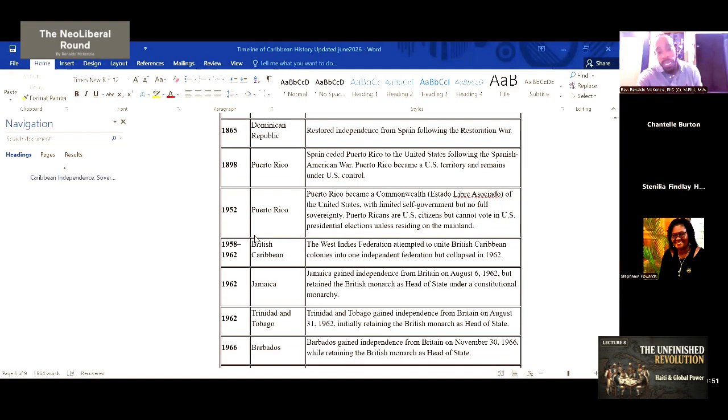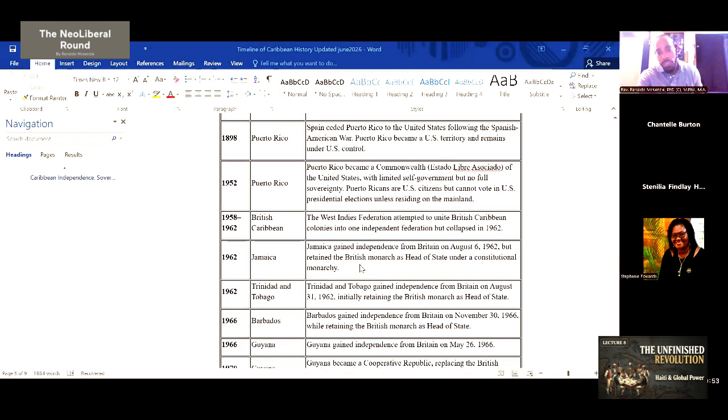Why did it collapse? Because they couldn't agree in terms of governance and in terms of resource sharing and so on.